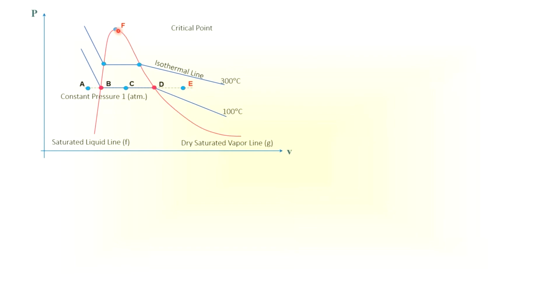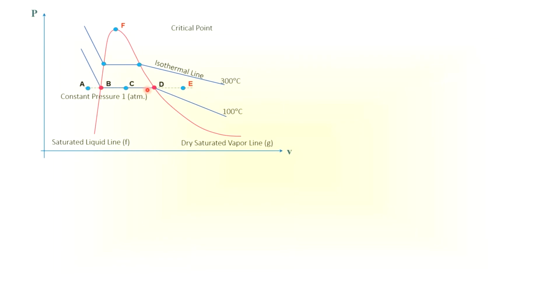This line we call the dry saturated vapor line, and this line we call the saturated liquid line. These are isothermal lines. You have a series of temperature lines, which you can see slant down, slightly curving, and then become horizontal.